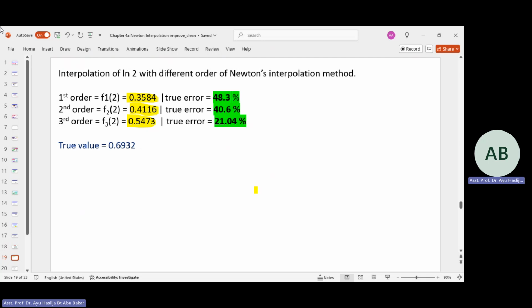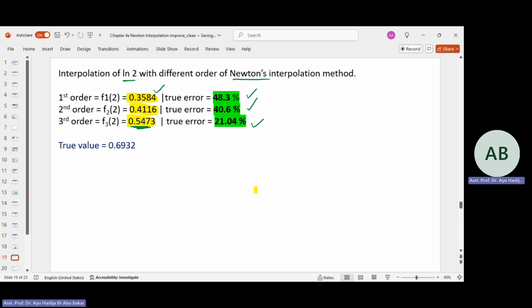So now I conclude. Let's say interpolation of ln 2 with different orders of Newton's interpolation. First order, just now you got this value with this kind of true error. Second order, smaller error. Third order, you'll get this value if you try. From here, you can see the true error is decreasing.